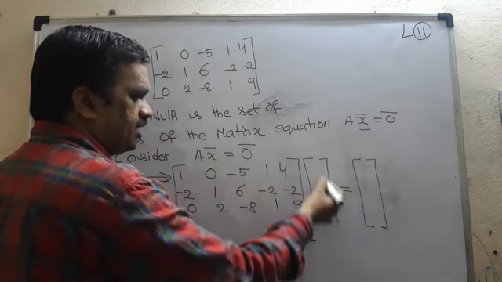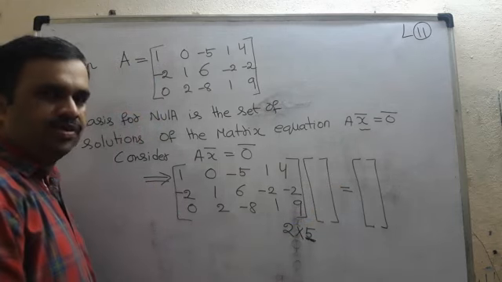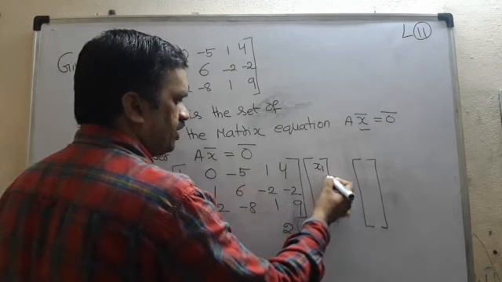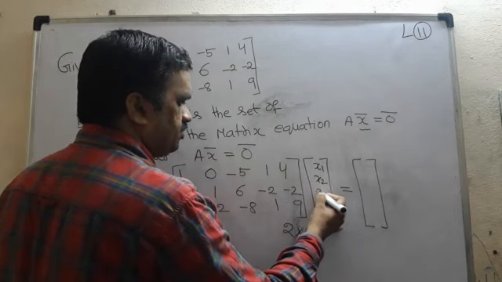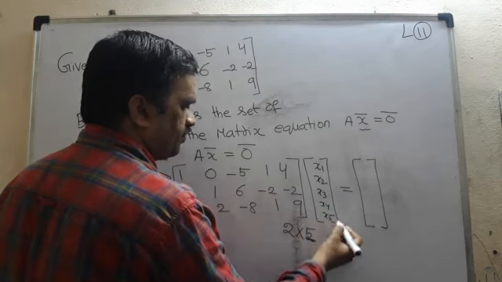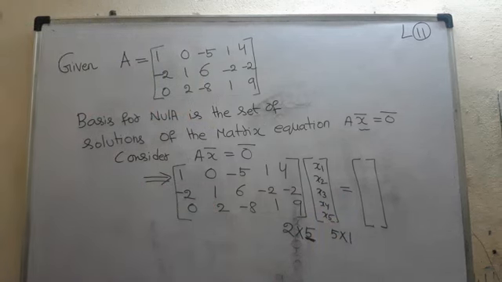So the second matrix should have 5 rows. X bar is the unknown column, so we introduce x1, x2, x3, x4, x5, which is 5 by 1, 5 rows and 1 column.